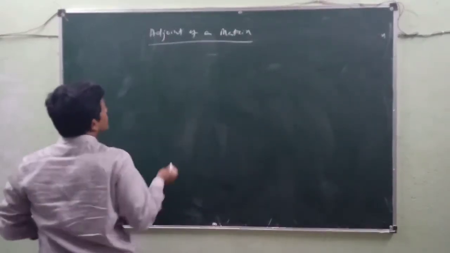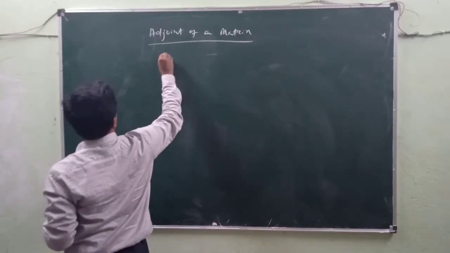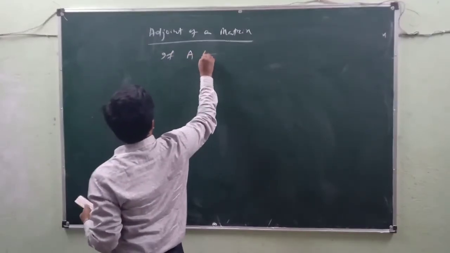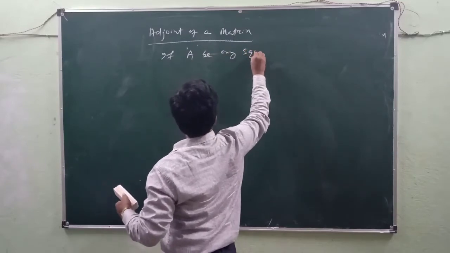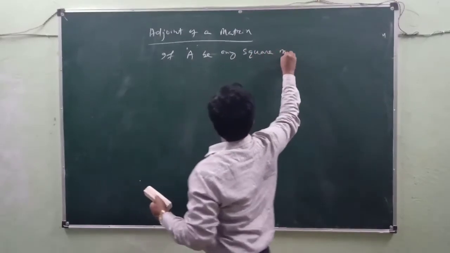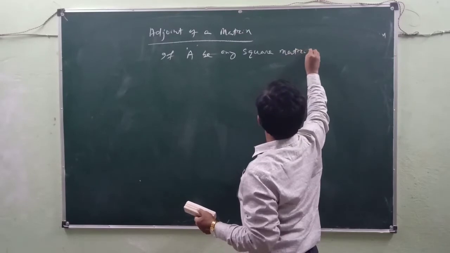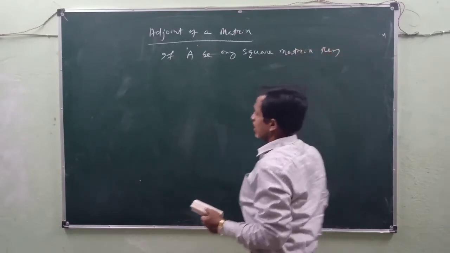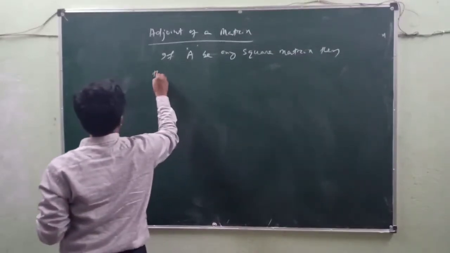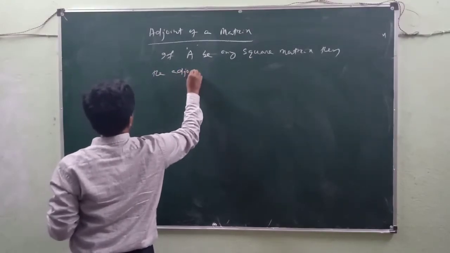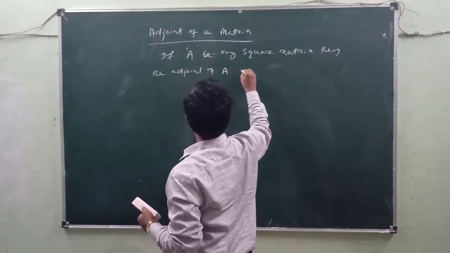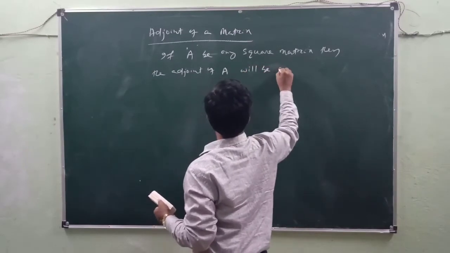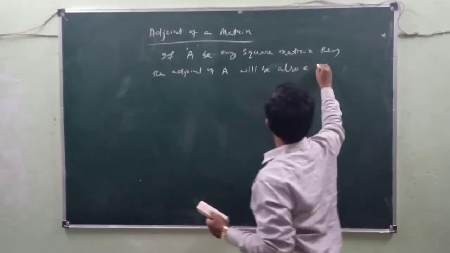How to find the adjoint of a matrix? If A is any square matrix, then the adjoint of A will also be a matrix.